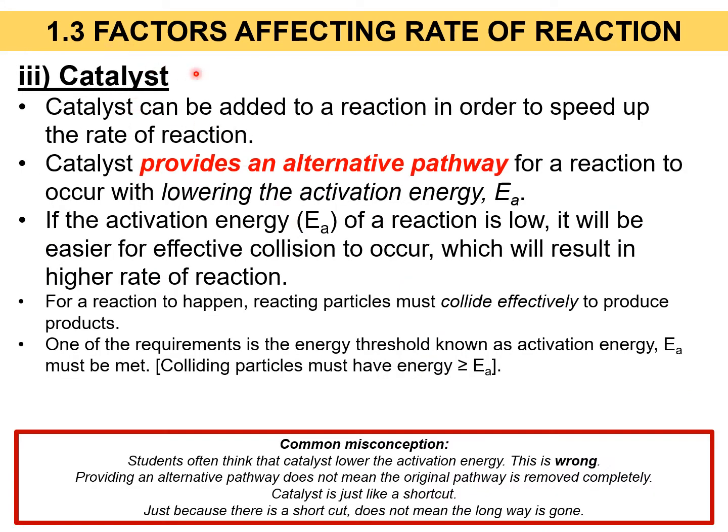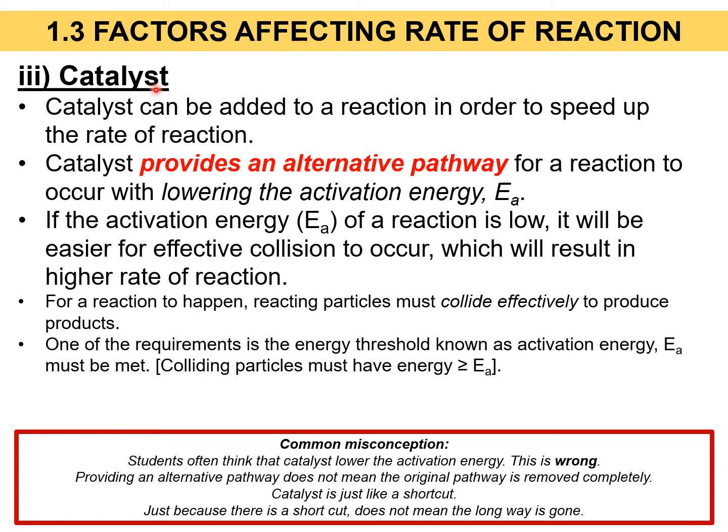Okay guys, for the next factor yang akan affect the rate of reaction ialah factor catalyst. Okay, catalyst ni dia dapat speed up the rate of reaction by providing an alternative pathway. Bila dia dapat providekan shortcut, makanya dia dapatlah lowerkan the activation energy. Okay, so bila kamu nak terangkan pasal catalyst punya effect on the rate of reaction, you tak boleh bagi tahu catalyst ni hanya speed up the rate of reaction.